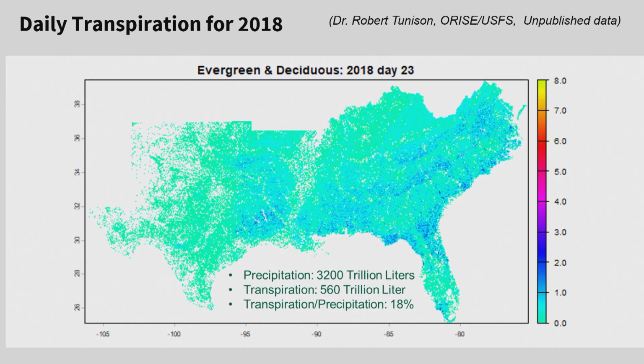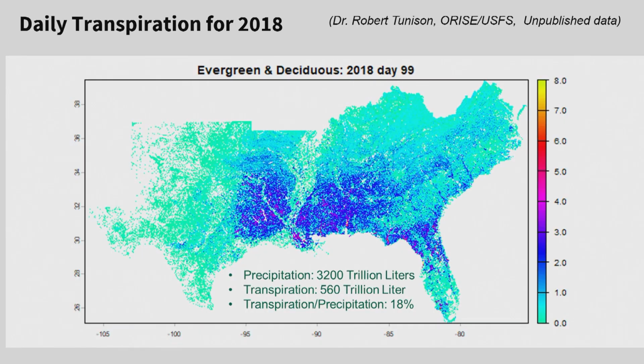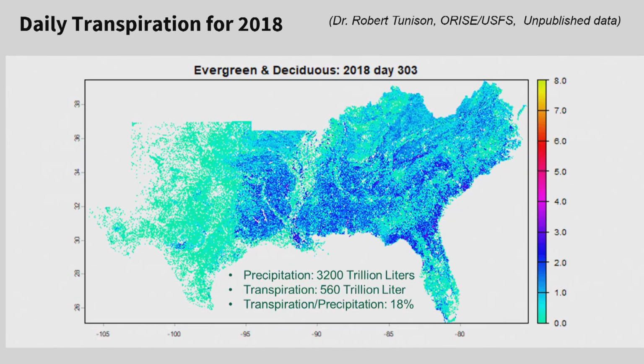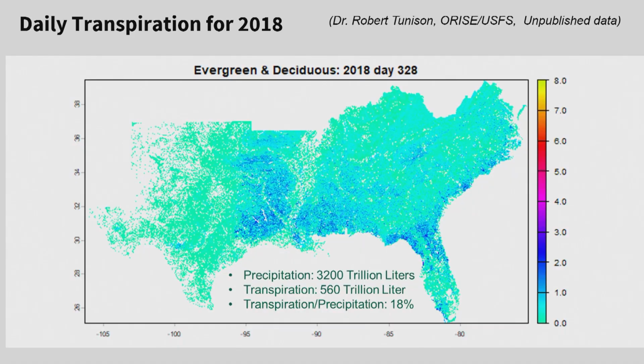So this is still work in progress, but we can map the transpiration, the water use per day, from a few millimeters to 8 millimeters per day for two species. Here is for tulip poplar, and also pine, per pixel. So that's the direction we are going, to get more species-level water use.